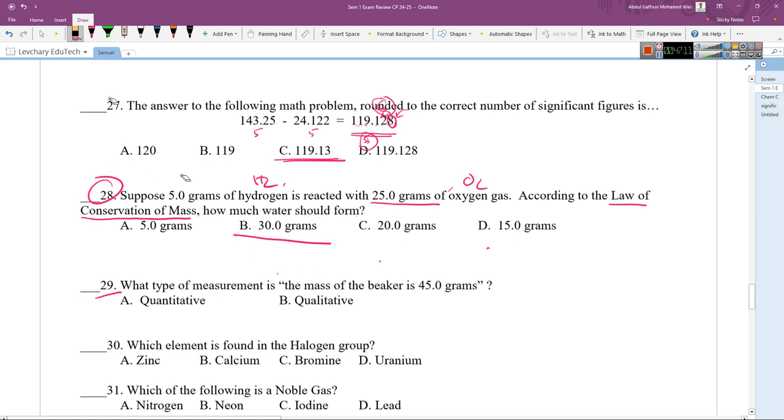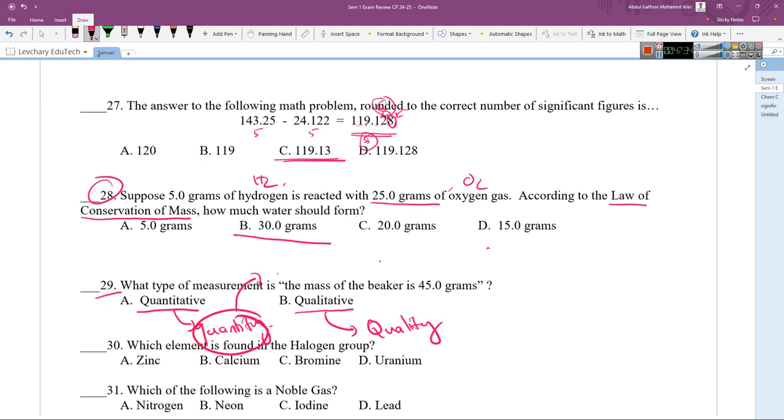So here we have two types of measurements, quantitative and qualitative, right? Quantitative is an adjective derived from the word quantity, and qualitative means quality. Now quantity can be measured, so quantitative measurements will have values, but quality means we cannot measure it.